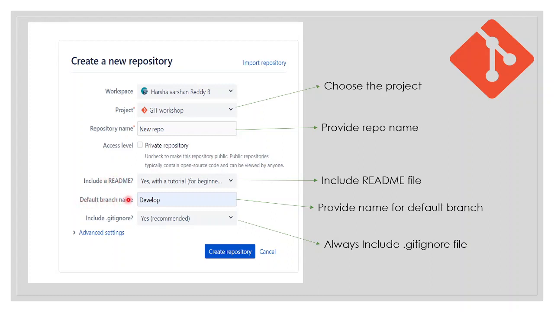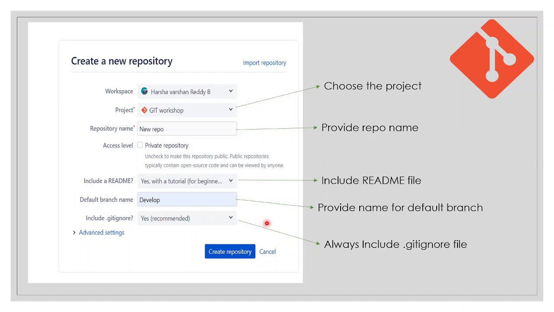And we need to provide the default branch for your repository. It might be develop or master. Now we call master the main branch in some tools like GitHub. We need to provide the name of the branch you want to keep as the default branch, and you need to include a .gitignore file.